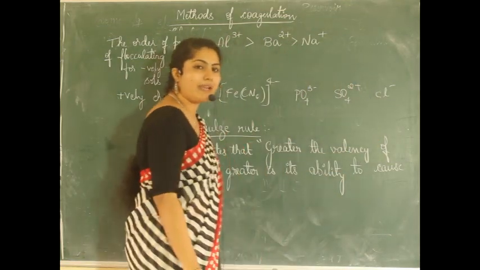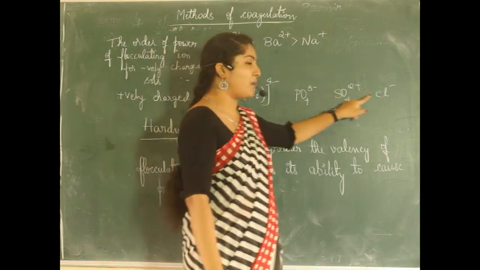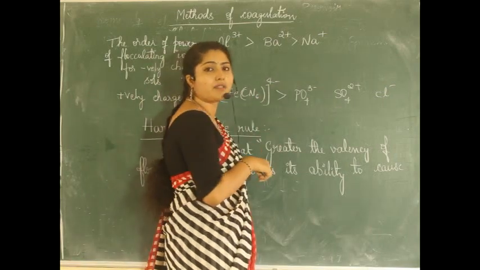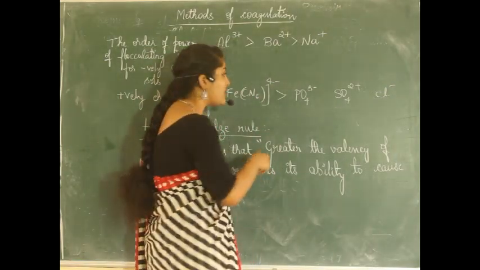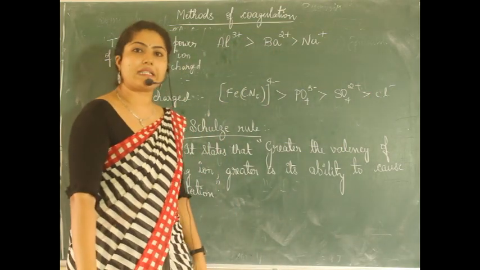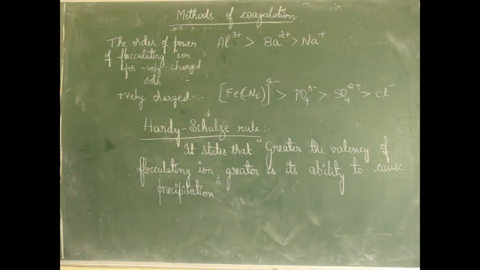Which one has more valency? Here 4-, here 3-, 2-, 1-. So this will have more tendency to cause precipitation in case of a positively charged sol, then this and then this one. This is what the Hardy-Schulze rule states. Hope it's clear now. Do note it.